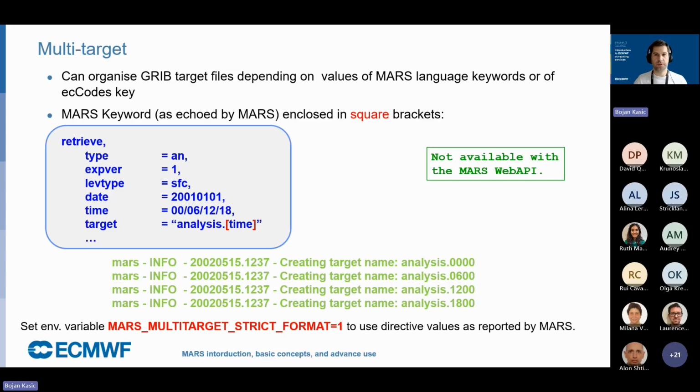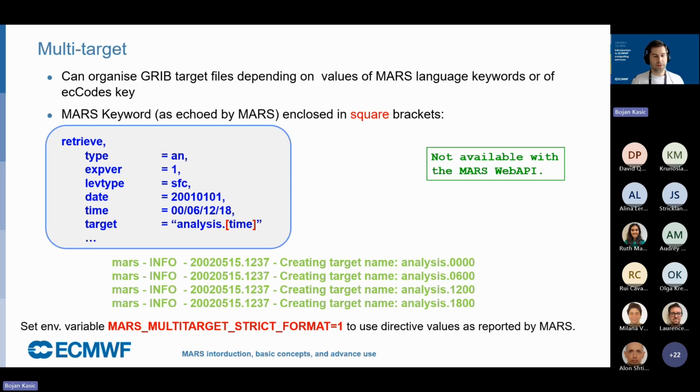For example, if you retrieve multiple days in one go, you can store each day in a separate grib file locally. You can also split by any other Mars keyword. You can use time, so to get a separate file for each time from your request. You can use date, level type as well.